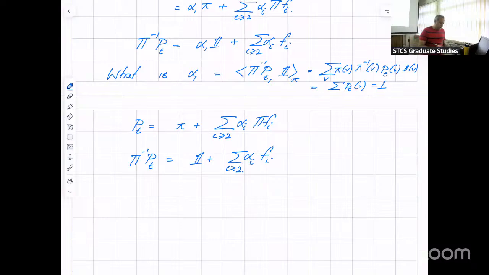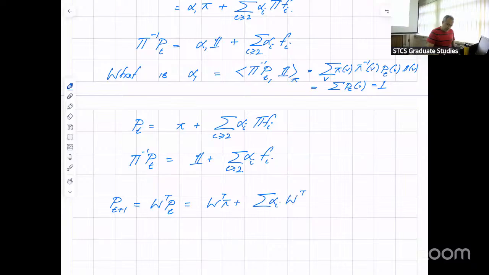Now what is P^(t+1)? P^(t+1) is exactly W transpose P^t. So it's W transpose pi plus summation alpha i W transpose pi f_i.